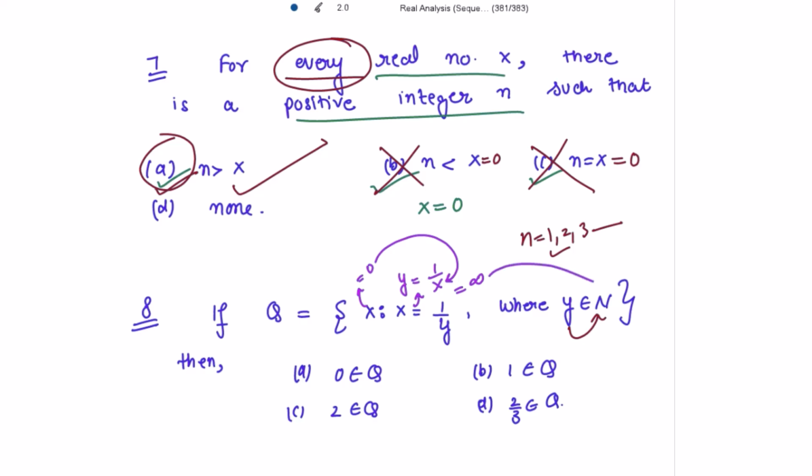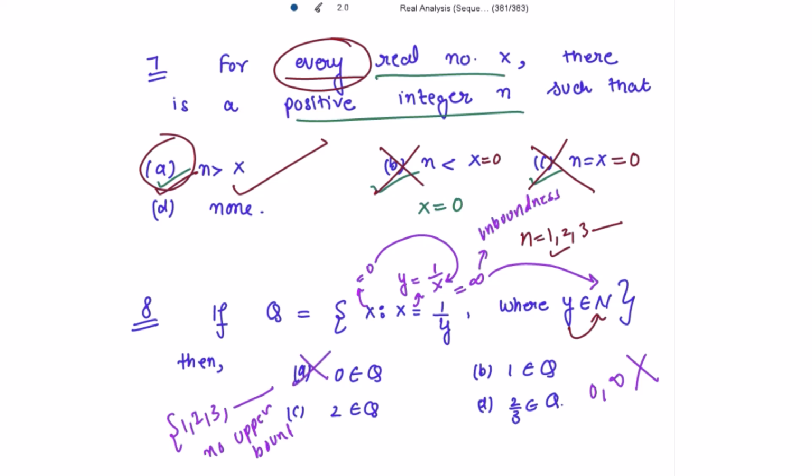Is infinity a natural number? No. 0 and infinity are not natural numbers, because the natural numbers are a counting set that starts from 1 and it is a set having no upper bound. We can have as large a natural number as possible, but that number cannot be equal to infinity, because infinity refers to unboundedness, right? So option A is not correct.